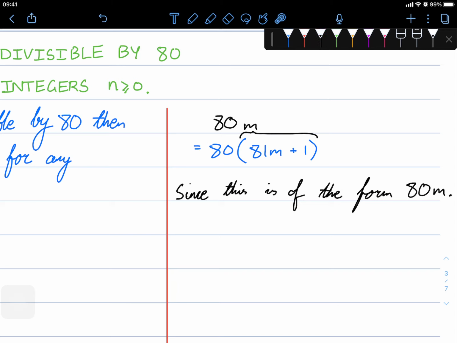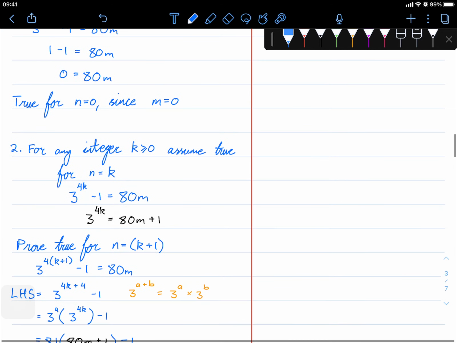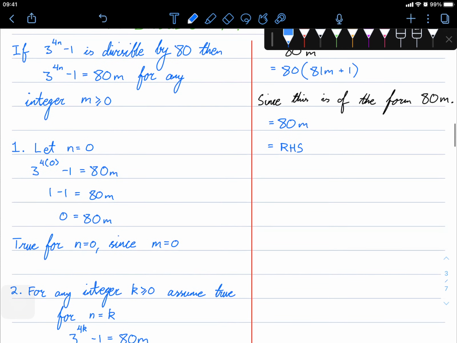Because remember, m is an integer, so any number that we put in here is going to be a whole number. So this entire expression looks kind of like this. So then therefore, we can just say that it is 80m, which is equal to the right-hand side of what we were trying to prove, this bit here. And then there we have it. That's the end of the proof.